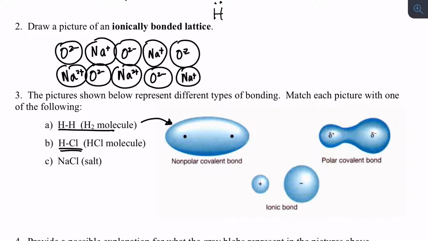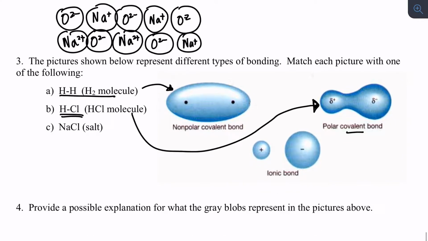But you might be able to guess that that one is this one, because at least it's still a covalent bond. And the last one, we have salt, NaCl, would go here because we have ions, this one being the sodium and this one being the chlorine. And those would come together to form an ionic bond because they're attracted to each other because they're oppositely charged.